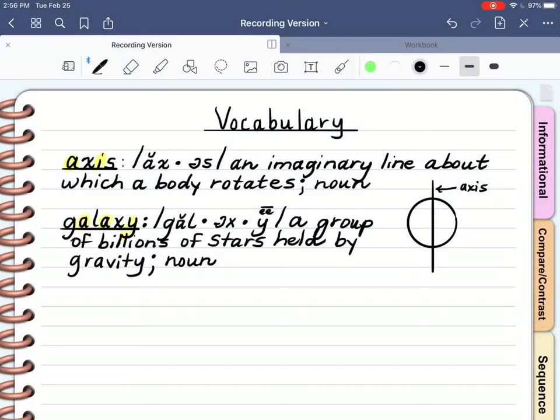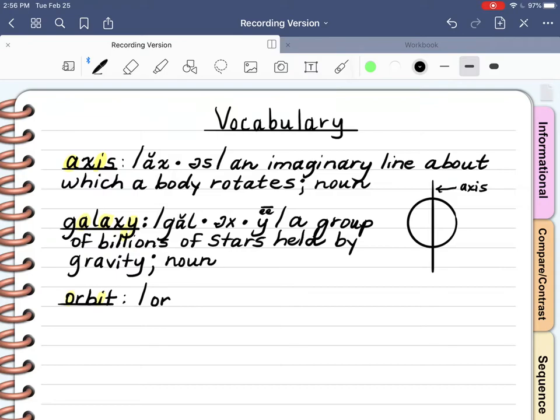Okay, the next word in my list is orbits. Orbits. And we have an O and an I, and I do hear both of those.